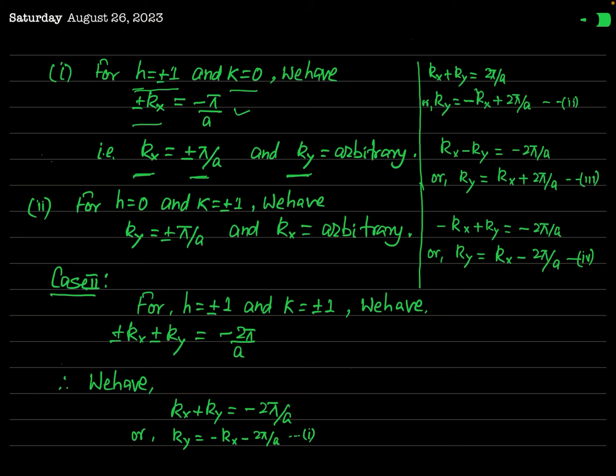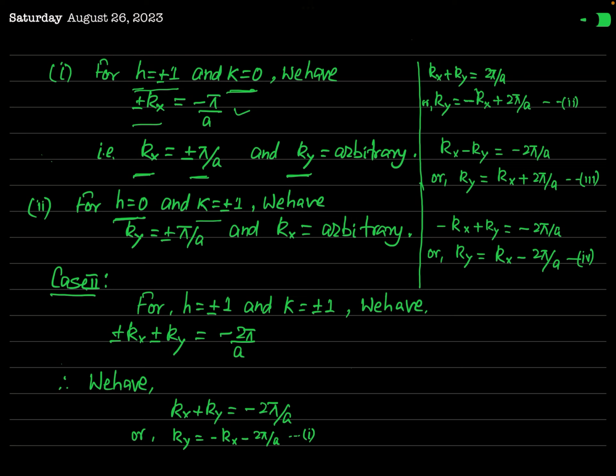Now, our second choice is just opposite to the first choice. In our second choice, we take h equal to 0 and k equal to plus minus 1. In the first choice, we took k equal to 0 and h equal to plus minus 1, but now we are taking h equal to 0 and k equal to plus minus 1.